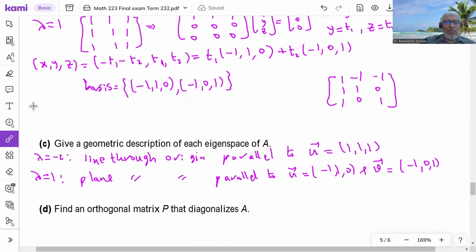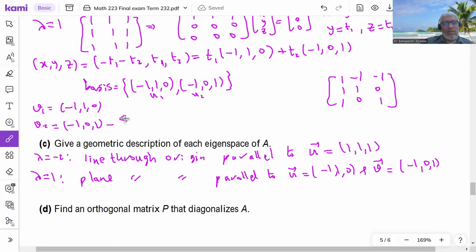I'll take V1 to be the first vector, which is -1, 1, and 0. If I call these U1, U2, then V2 would be U2, which is -1, 0, 1, minus the projection of U2 along V1.